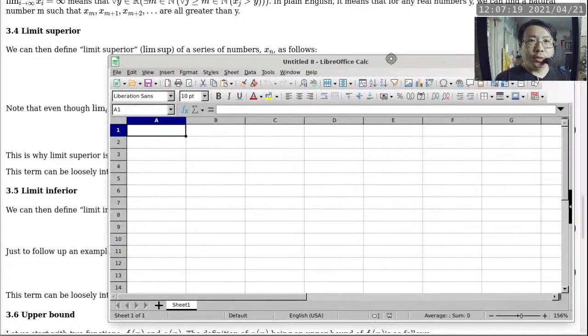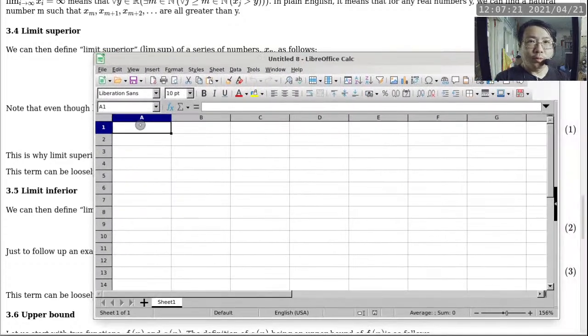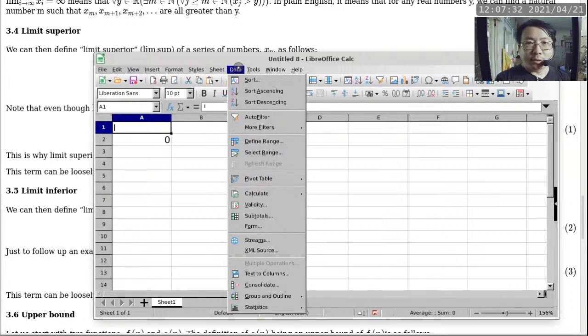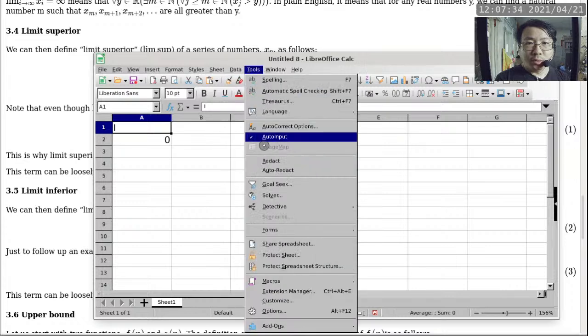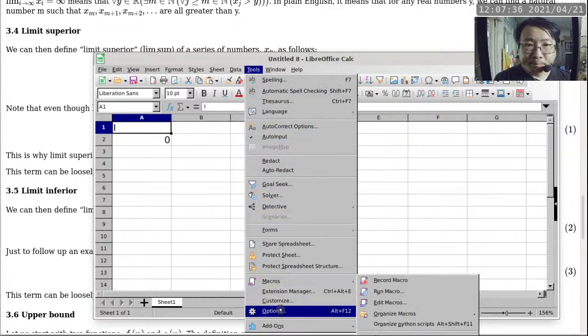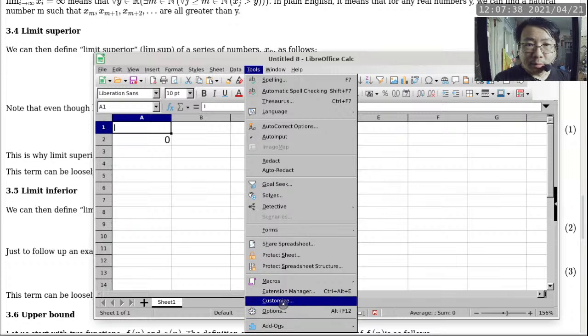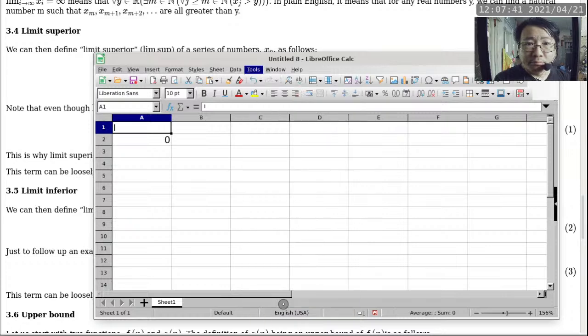And then what we'll do is use one column for i, which is the index. It converted lowercase i to uppercase I because I forgot to turn off the auto correction, which is under tools, and I think it's under customize.